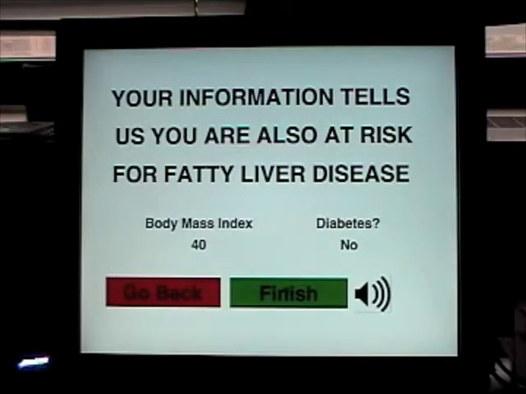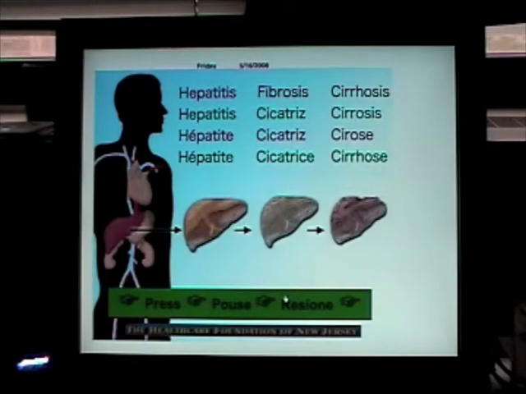Your information button tells us you are also at risk for fatty liver disease. And if their BMI is greater than 30 with the presence of diabetes, or if their BMI is 35, regardless of history of diabetes, they're going to get prompted to this screen. And then the printout will be generated, which they will give to their physician.